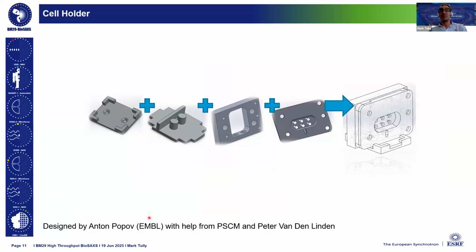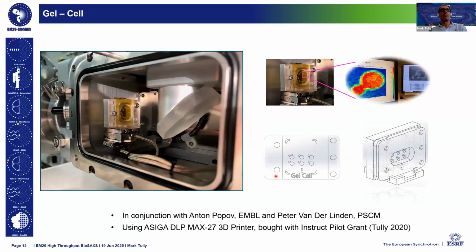Anton Popov, EMBL, former ESF postdoc, has been working a lot on our microfluidic suite of cells. He's redesigned the new platform to encompass and hold our microfluidic chips or devices in place. We've got a few different devices. The first one's our gel cell.